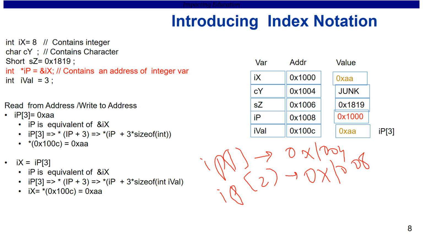If you say IP of 2 equals, for practical purposes, 0x2000 or something like that, this address location will itself get modified, and IP of 3 will be ival. So one can imagine that there is an array sitting over here.